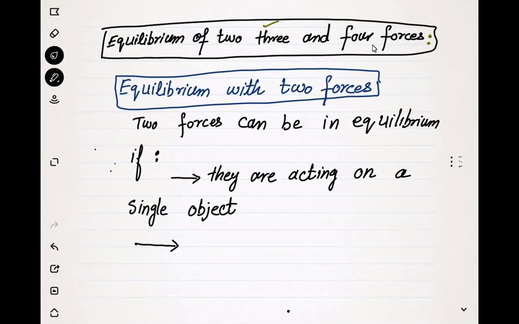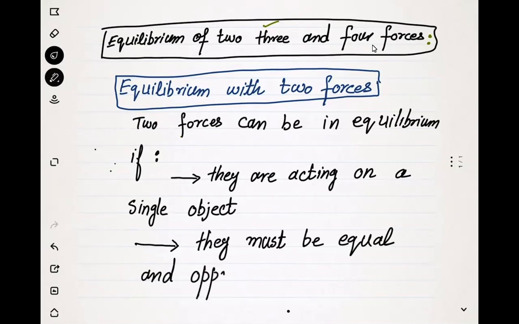The second condition is they must be equal and opposite. So for 2 forces to be in equilibrium, they must be acting on a single object.